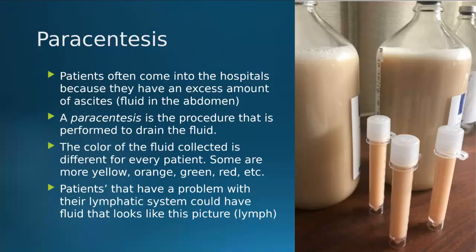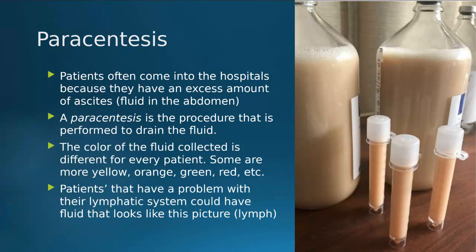And lastly, many of you have probably seen a paracentesis, or we've at least talked about a paracentesis before. Usually when patients come in for this, it's to drain that excessive amount of ascites and peritoneal fluid that they have in their abdomen. Sometimes when a patient has a lymphatic problem, there's a problem with their lymph transportation or filtering of their lymph fluid.